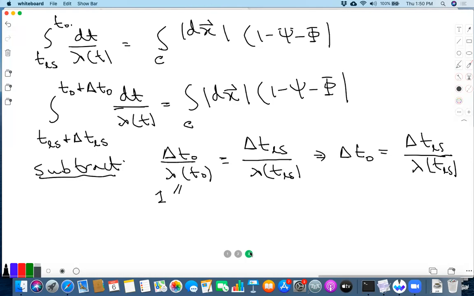So this I can write as delta tau times 1 minus phi over lambda ts. That means a delta tau difference in the local inertial frame at the time of last scattering translates to delta T naught given by this formula.